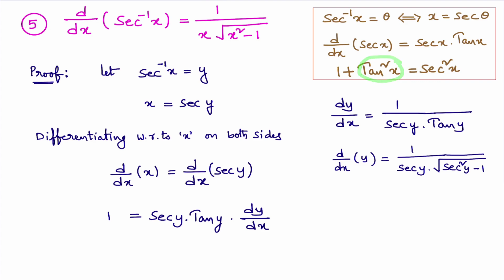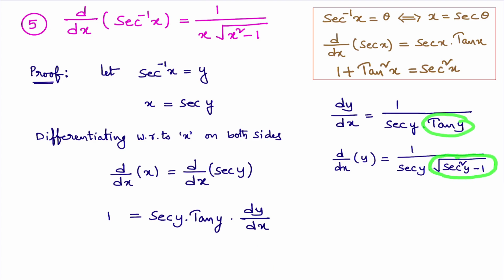Apply square root on both sides. Tan x is square root of secant square x minus 1. From this formula, you can easily understand that tan x is square root of secant square x minus 1. So here tan y can be written as square root of secant square y minus 1.